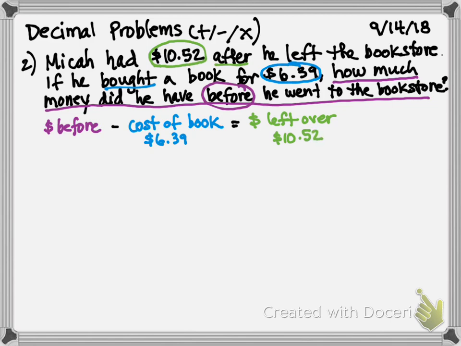So in order for me to figure out how much money he had before, I'm going to have to take those 2 numbers, the cost of the book and what he had left over, and they actually are going to end up getting combined. And another way I can tell that is I want to get the money before by itself, and the opposite of subtracting would be adding.